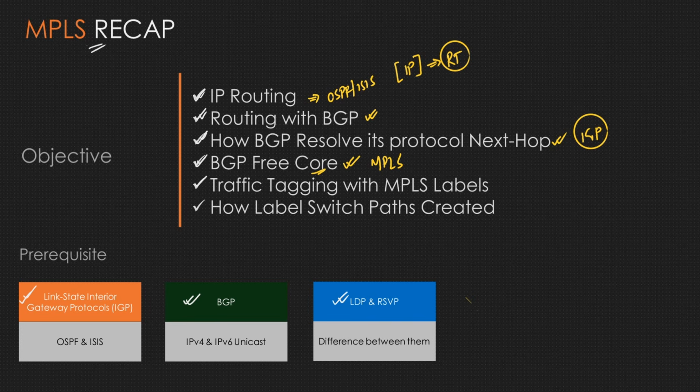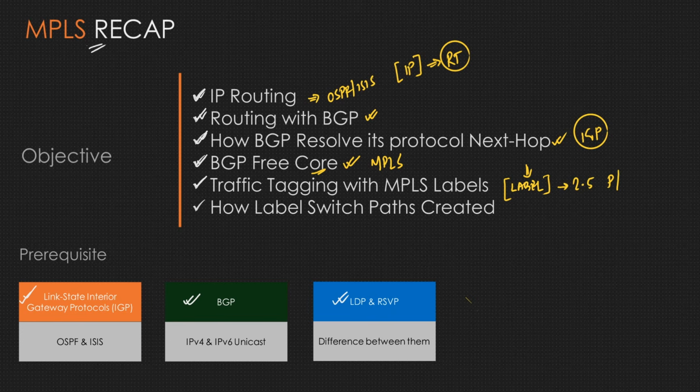Based on the traffic, we have a label, called the MPLS label, which gets encapsulated in between the Ethernet and IP headers, and that label is referred to as layer 2.5. All the intermediate routers that understand the label perform push and pop operations.